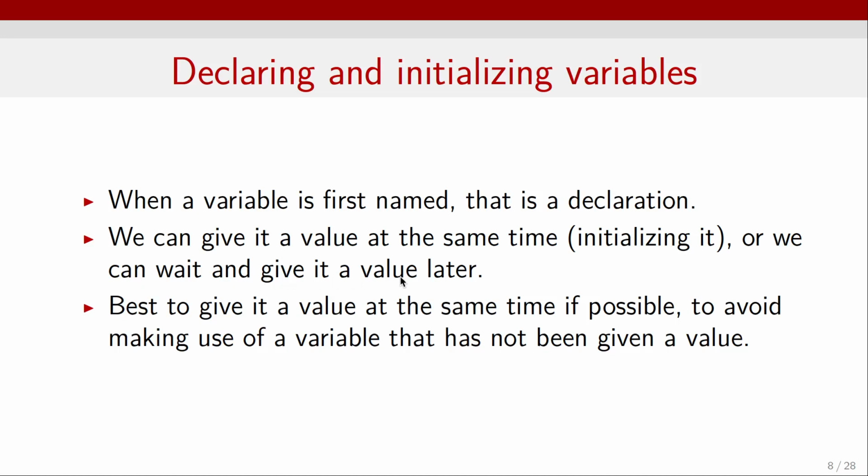It's best practice to give it the value at the same time when you declare it, because that's less error prone. So it's good to do that to avoid making use of a variable that has not been given a value, and then your code will give an error when you try to run it or when you try to compile it.